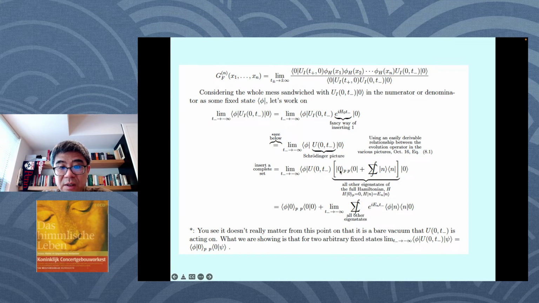That is 0p and p0, n, and take a sum of it. Okay, so all the other eigenstates will contribute here, and vacuum will contribute here. The key is that the vacuum is always separated from all the continuum of the other eigenstates. Later, this integration will give you 0, but that's later. Okay, so the only thing you need to remember is the vacuum is separated from the continuum of other eigenstates.